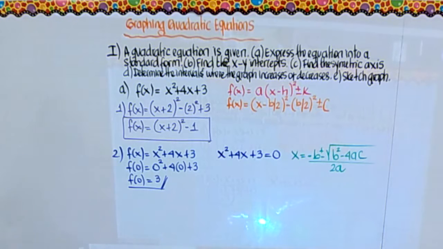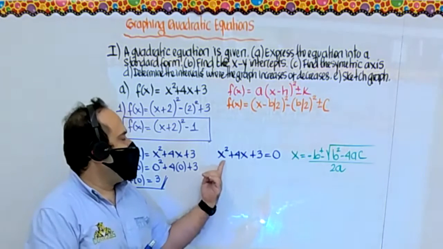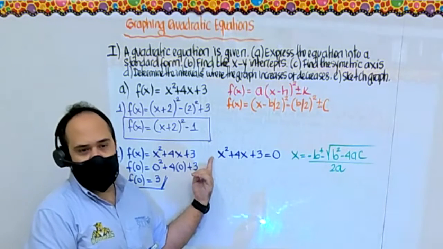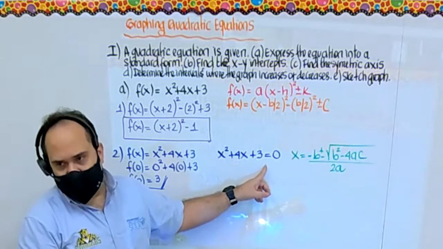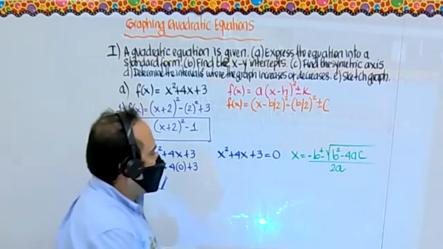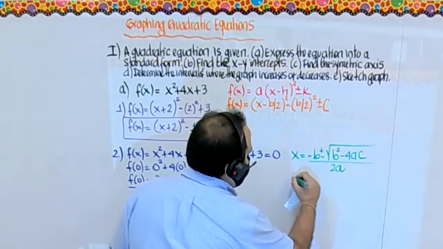What is going to be a? Remember, a is the number next to x squared. b is going to be 4, and c will be positive 3. So the only thing we have to do is replace.